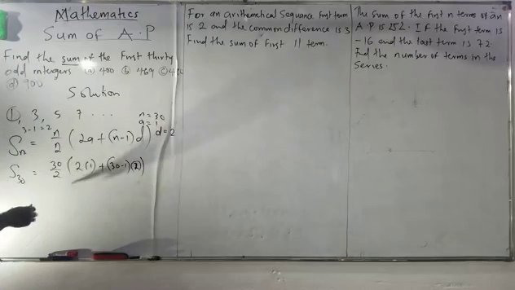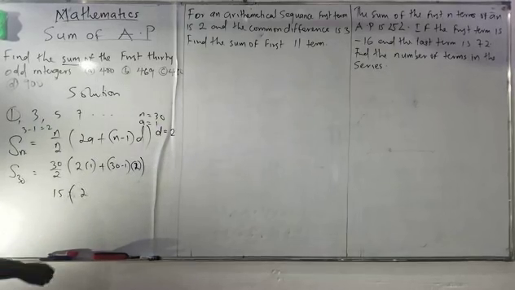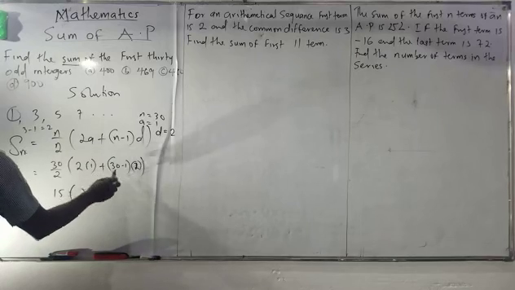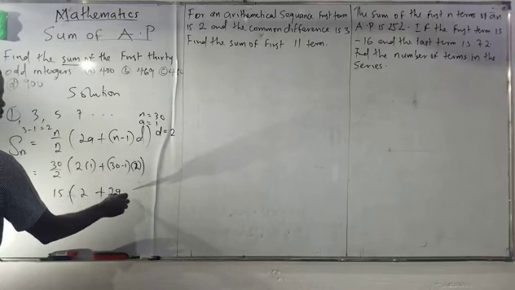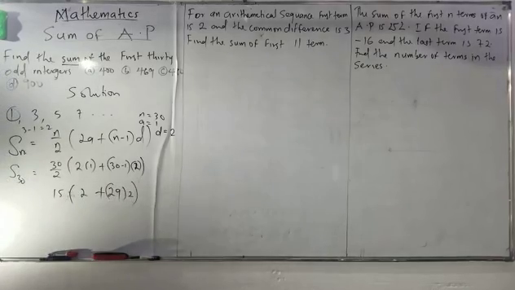It means my d equals 2. Now, for me to do this, I will have 15 times bracket of 2 plus 29 times 2. Now, 2 times 29, I know that it will be 58.